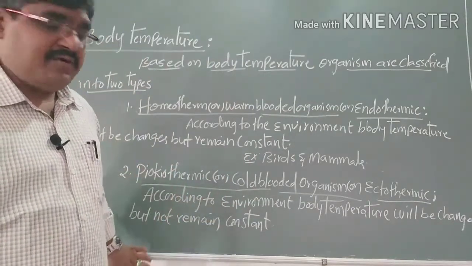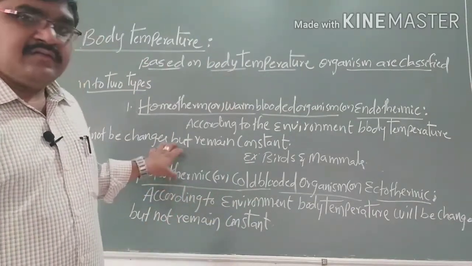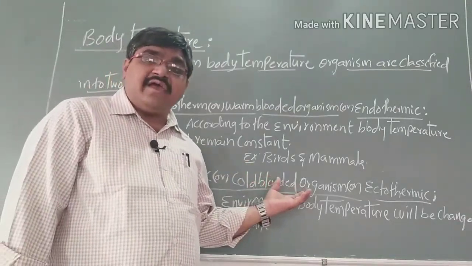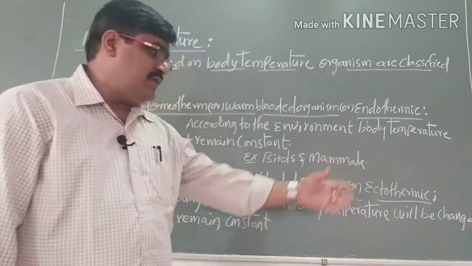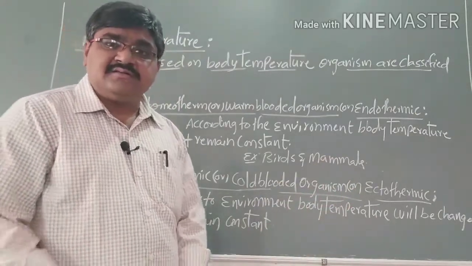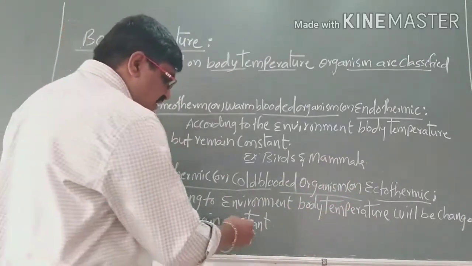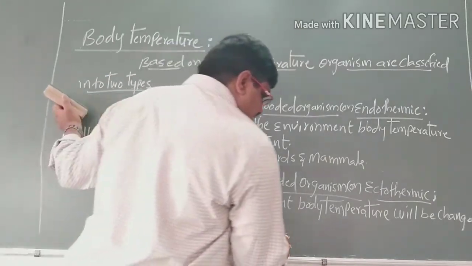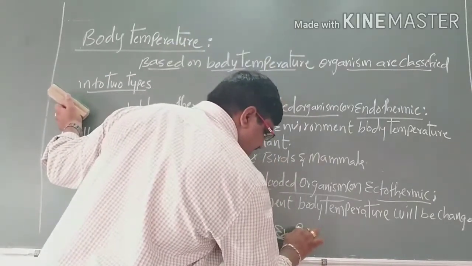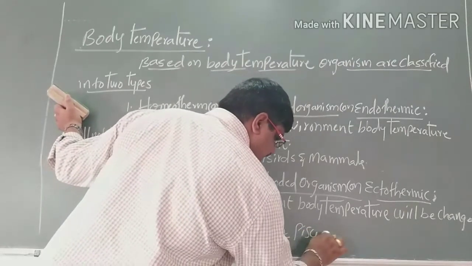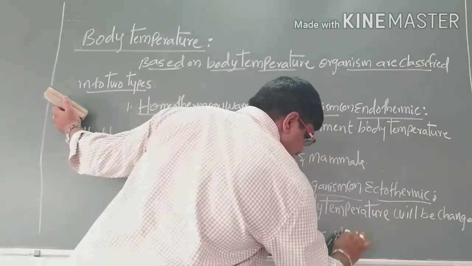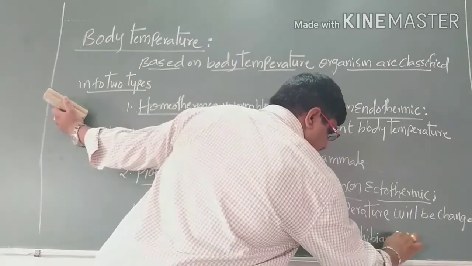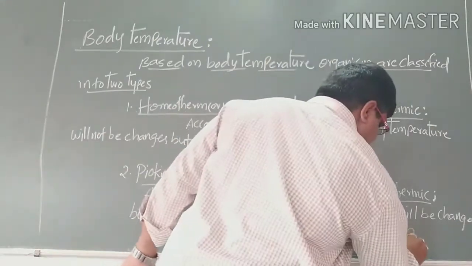Such types of organisms are called poikilotherms, or cold-blooded organisms, or ectotherms. Easy examples are amphibians and reptiles.